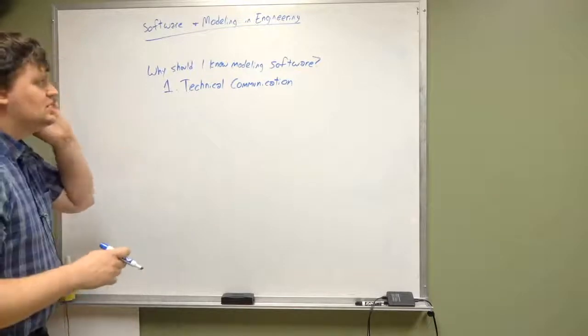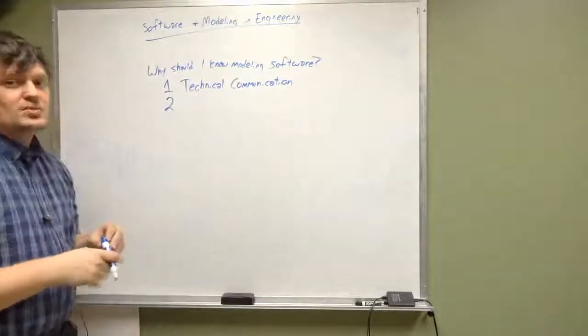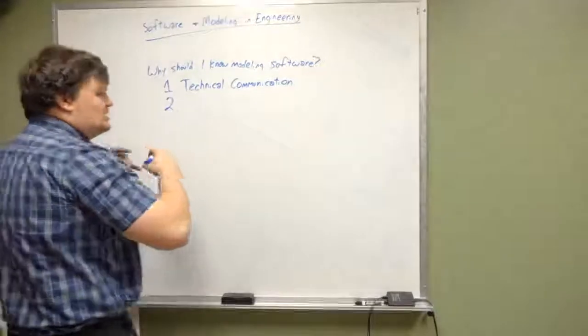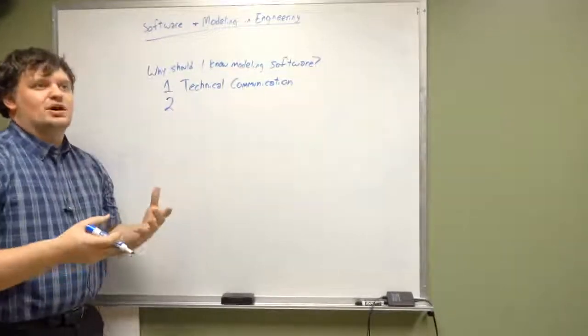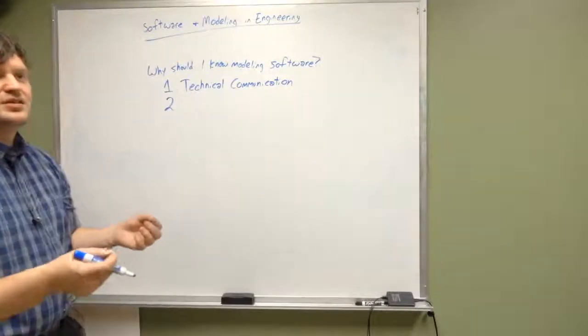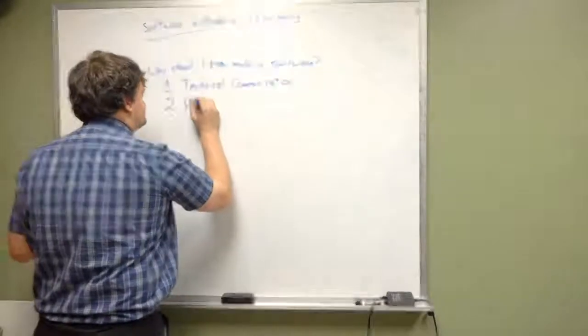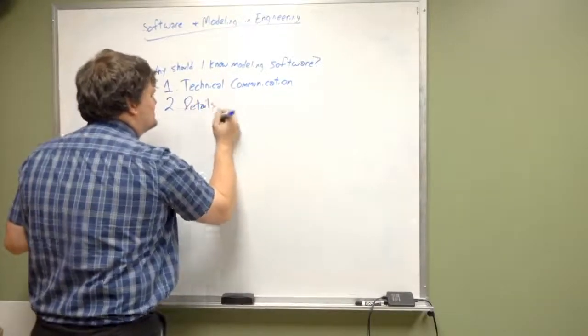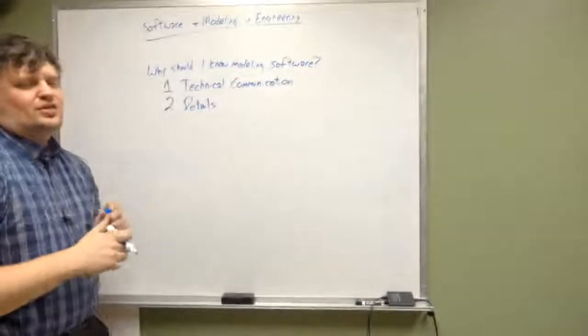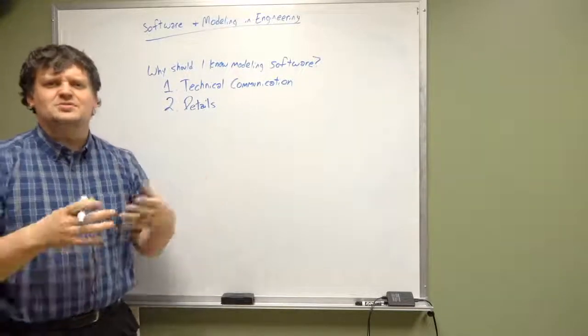So first reason why you need to know modeling: technical communication. Second reason why you should know modeling is because this is a platform by which you can really develop and transmit a lot of very fine details. Trying to communicate these details through hand drawing becomes a lot more cumbersome.